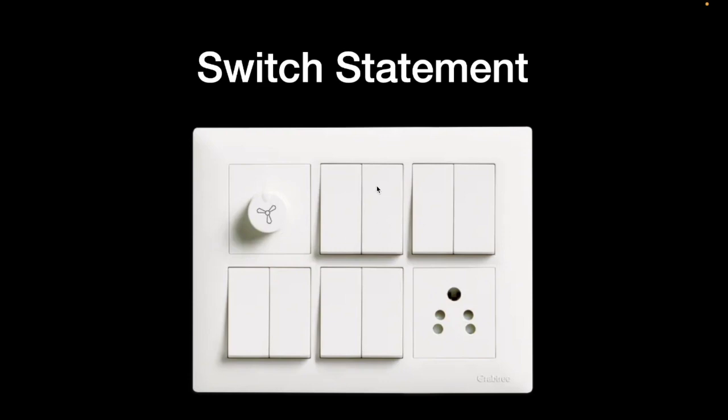If I press the second button, maybe your TV will get on. If I press the third button, maybe any other equipment in your home will get started. So each button in your switch has a dedicated task. Let's suppose you have kept your charger, and if you press this button, maybe your mobile charger will get started.